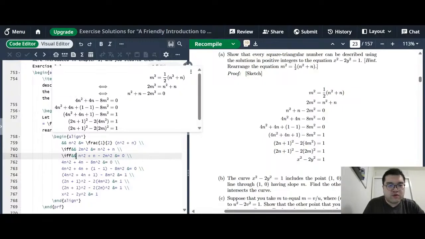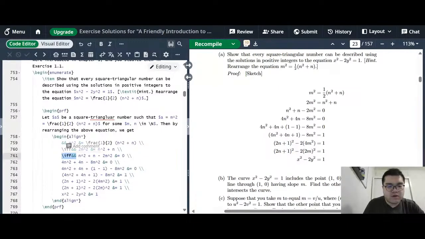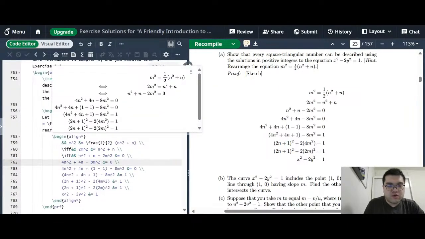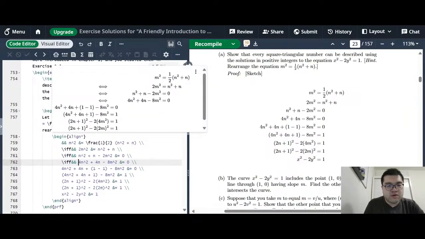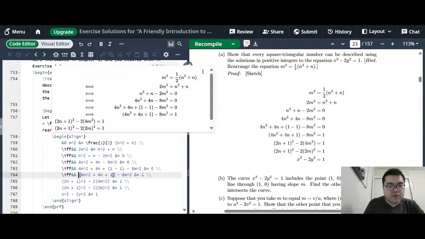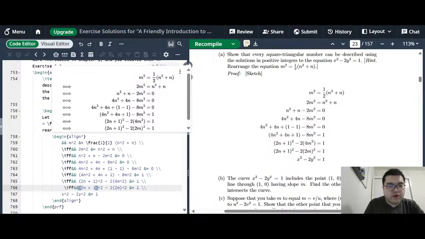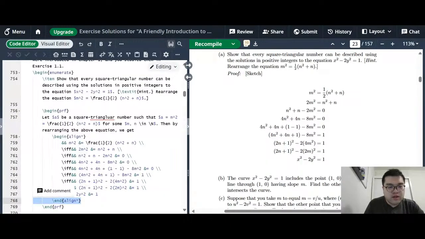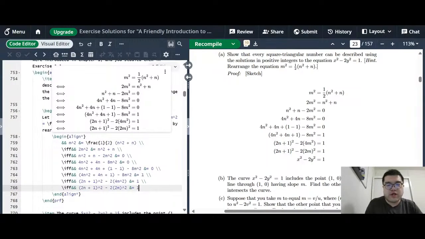And then of course we don't really end with the last part, because it doesn't make sense when we suddenly turn the m and n into x and y without any explanation, right?